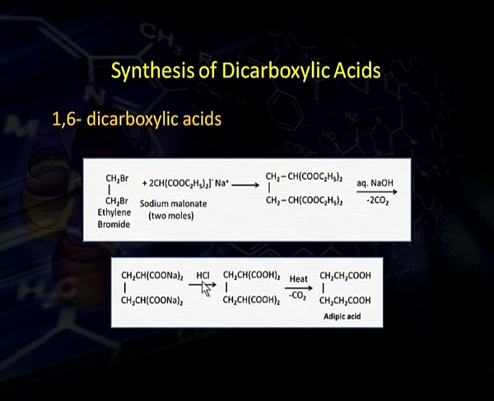Upon acidification they form acids, and these acids are not stable with 2 acid groups on each carbon atom. Upon heating they decarboxylate and produce adipic acid, that is 1,6-dicarboxylic acid.